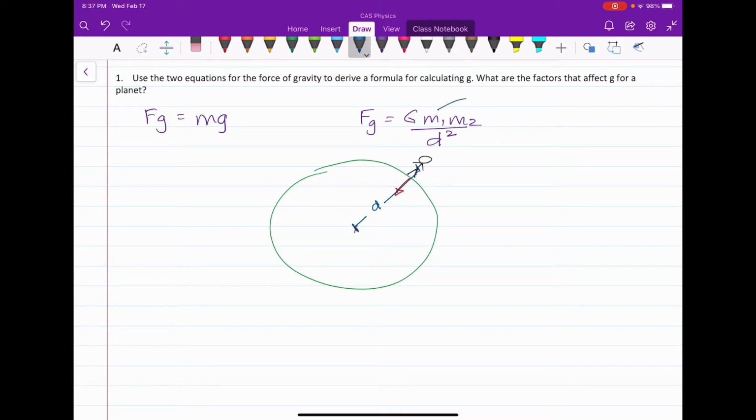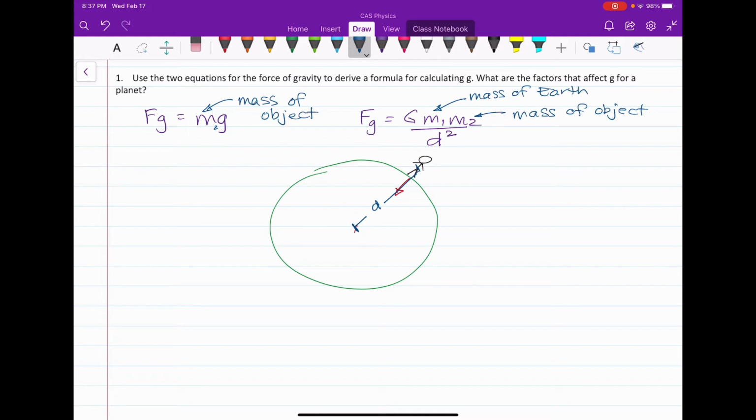In this case, we can call M1 the mass of the Earth, and M2 the mass of you, or of the person, the mass of the object. When we have this equation, this is just the mass of the object, so in a sense this one is actually M2, if we wanted to call it the same thing.